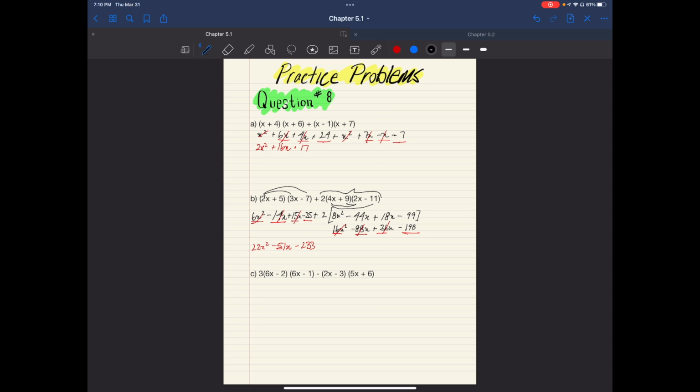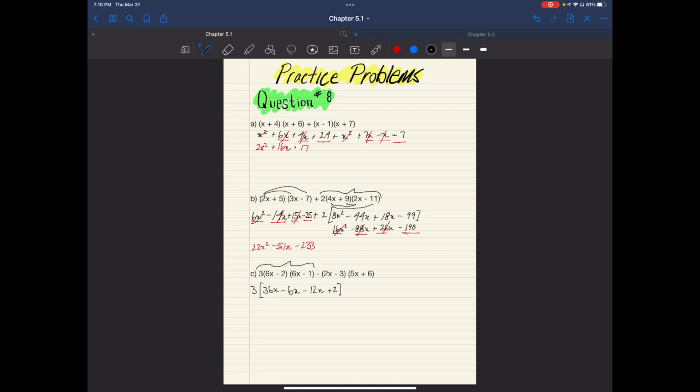So we'll do this part first. So remember, our 3 stays up front. This gives us 36x squared minus 6x minus 12x plus 2 plus 2.